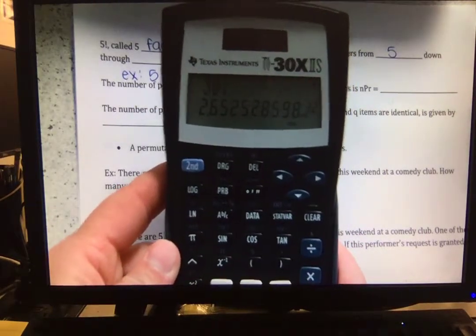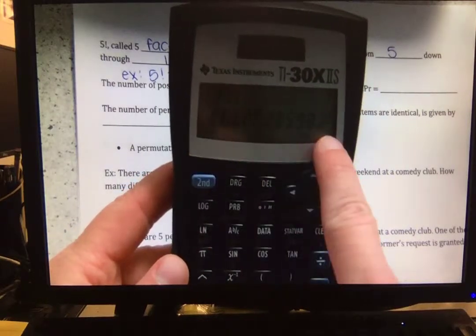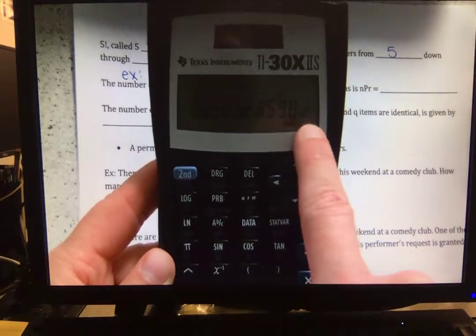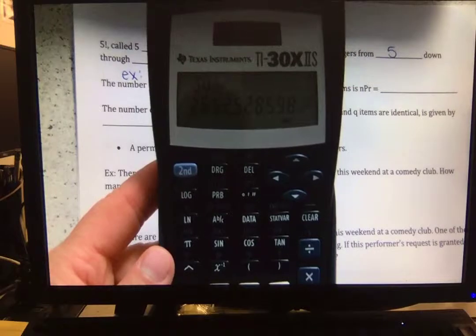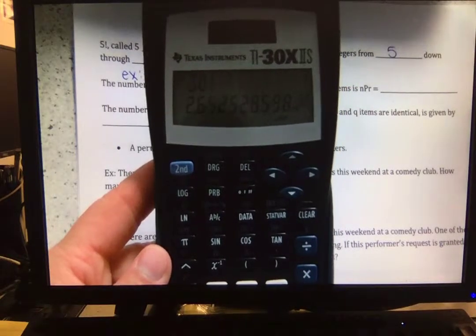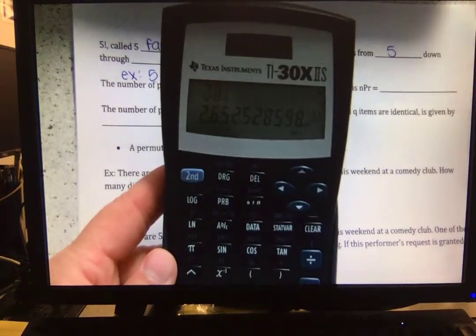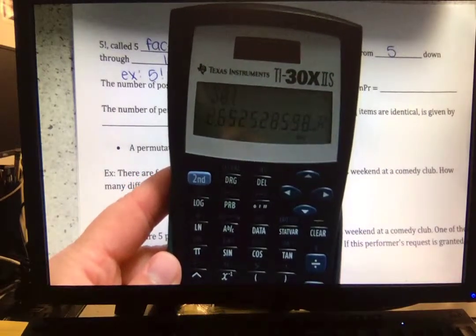Because it's so big, because it's 30 times 29 times 28, it's saying take this number and times 10 to the 32nd power. So you have to move the decimal 32 times to the right. Really big, which makes sense because there's a lot going on. Nothing that crazy, so don't worry too much about it. It's just scientific notation, because our calculator only has so much screen. Does that answer your question?